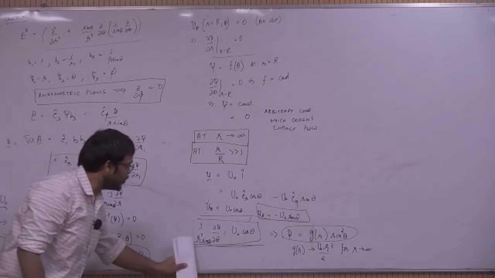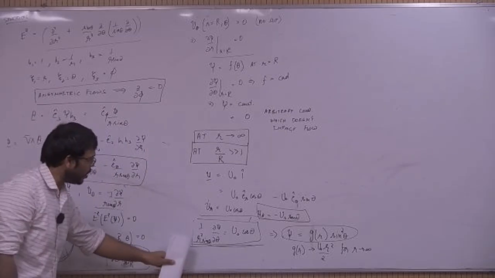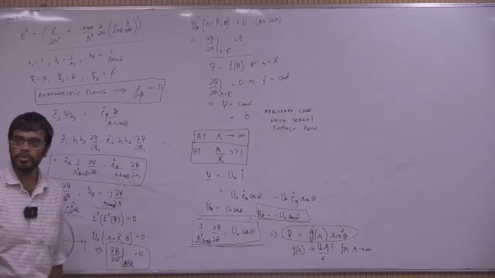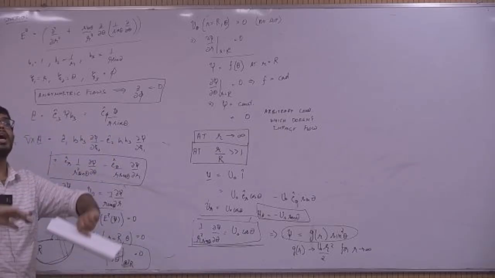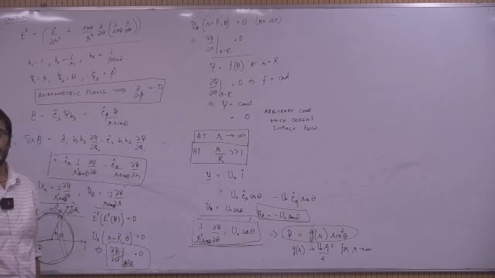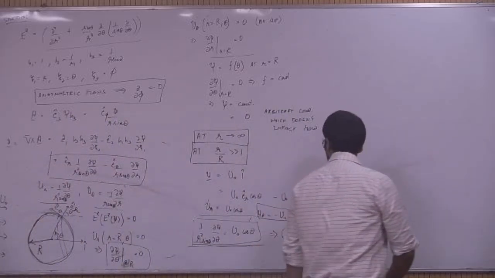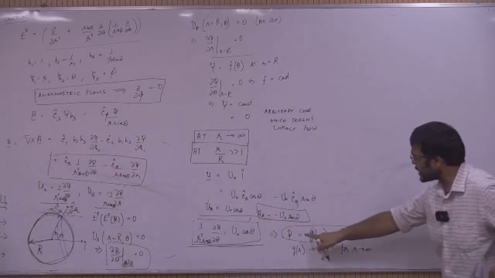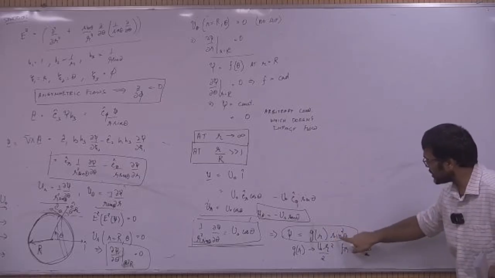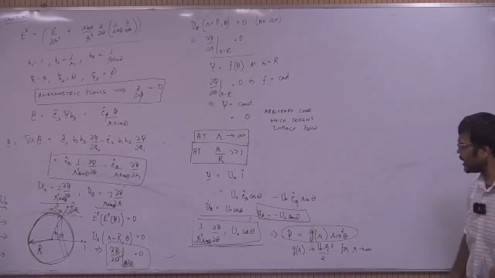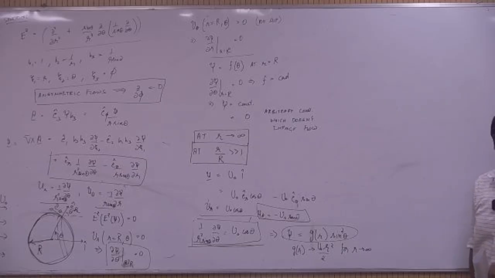I can take the limit of r but integrate with respect to theta. I'm not at theta tends to some value. I'm still having theta as any variation. Okay, so I can say that psi varies as this g of r sine square theta, where g of r is u naught r square by 2.